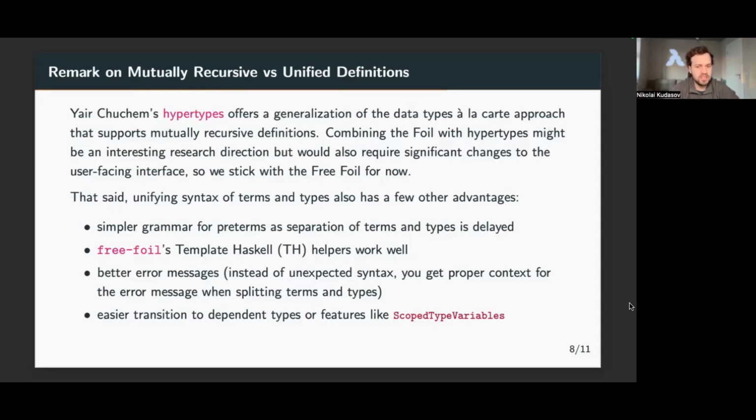Instead of unexpected syntax, the user can get a proper context of using, say, a type variable where a regular term-level variable was going to be used. And of course, if in the future the object language is supposed to grow and incorporate features such as dependent types or refinement types or features like scoped type variables or anything else, then it is very easily done. You do not need to do anything extra.